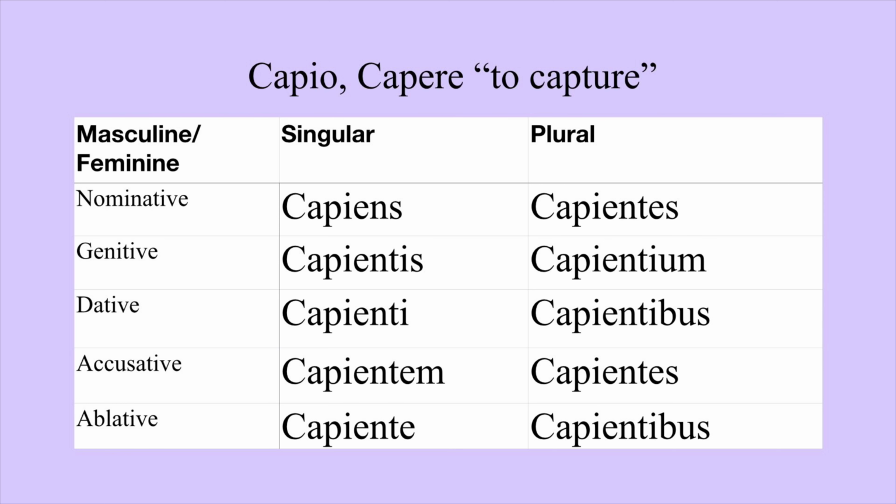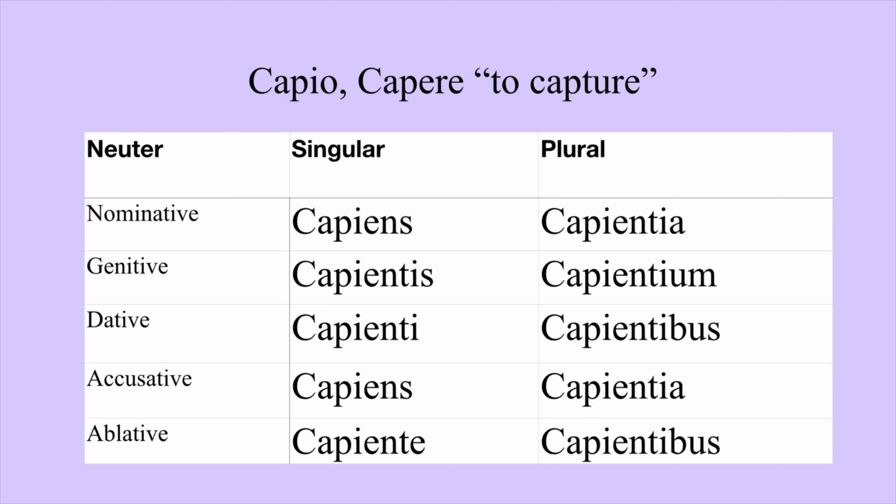So just a teeny tiny little change of making sure that we have I and E, right? And this will be true for all third -io. And then, of course, just being thorough and looking at the neuter, we see we've got the same stem that we're working with. We just have the changes for the accusative singular and the nominative and accusative plural.